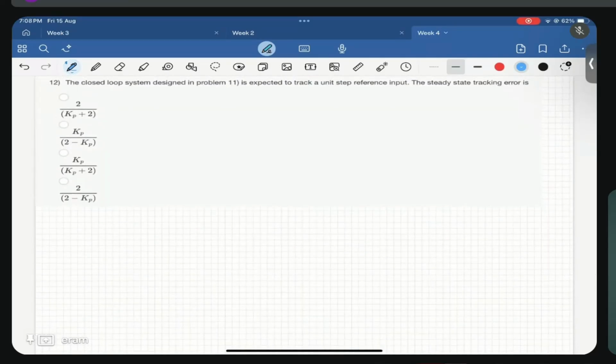For that same question, if a unit step input is given, what will be the steady state error if a step input is given to the system?